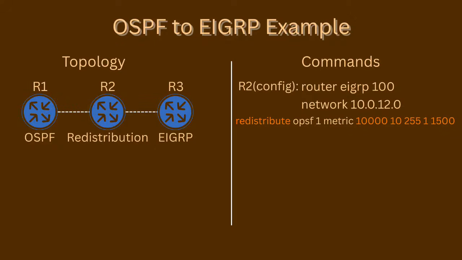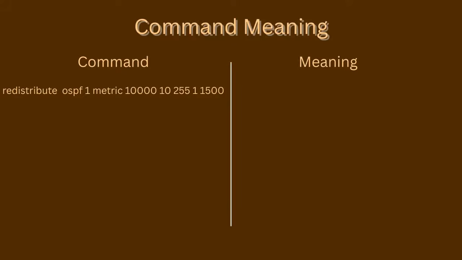This command lets routes learned by OSPF be advertised inside EIGRP. You'll often see something similar when two different routing domains need to communicate. And this is exactly how the router shares those learned networks between both protocols. Next, let's break this command down so you can understand exactly what each part means.